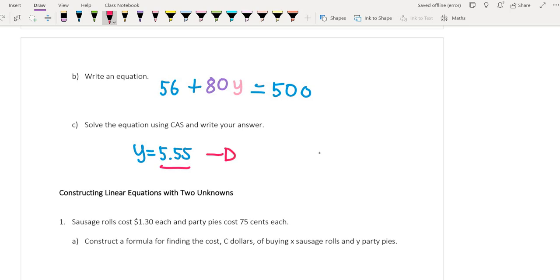So then we need to understand that we can only hire the van for a maximum of 5 days. So your answer is actually 5 rather than 5.55.